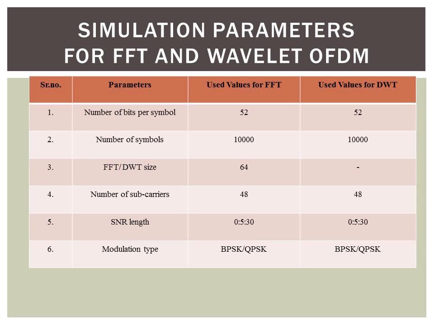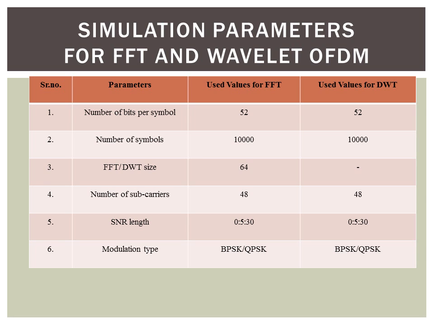FFT size is 64, but the wavelet size we can't predict before the operation, because this size is dynamic. It will change according to the operation. Number of subcarriers is 48.